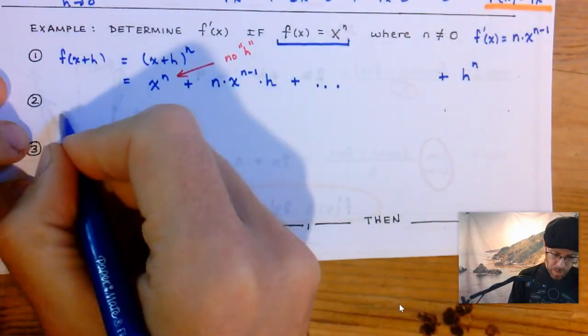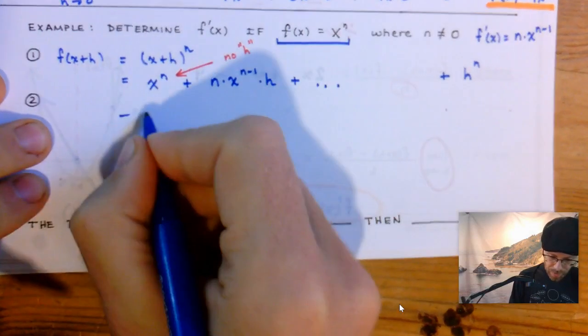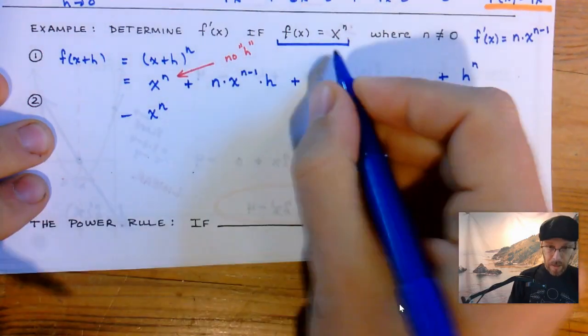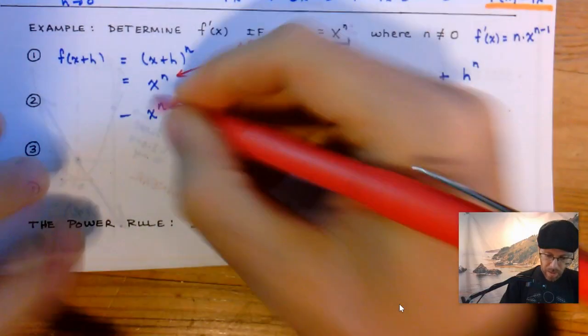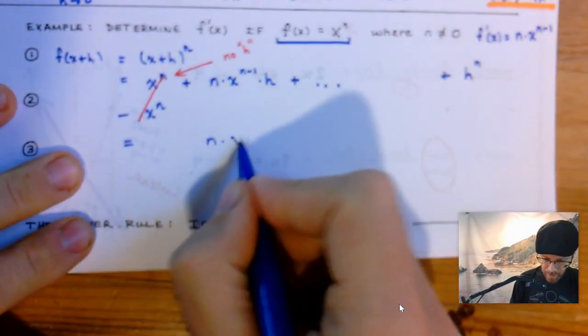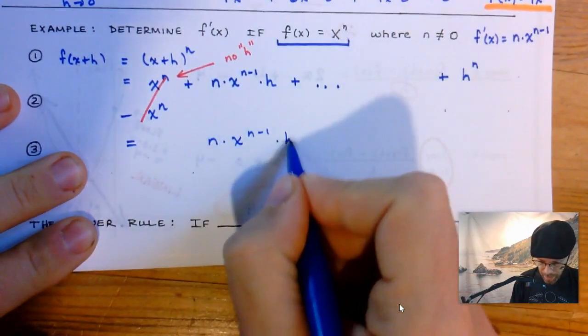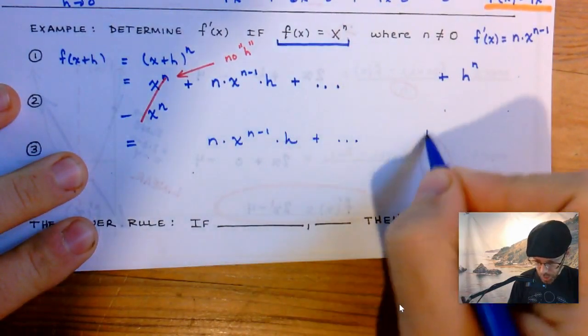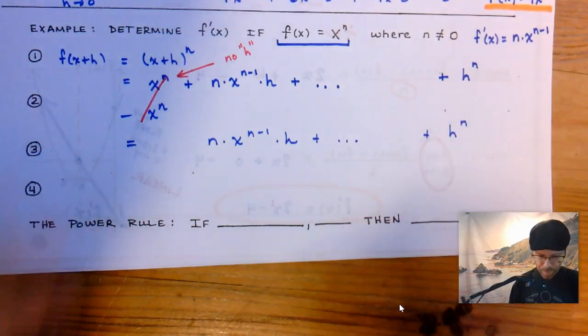Step 2, we subtract x to the n. These two go away, and look what we're left with. n times x to the n minus 1 times h plus a bunch of gobbledygook.